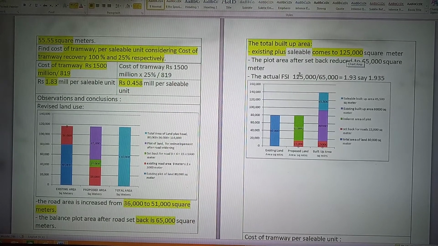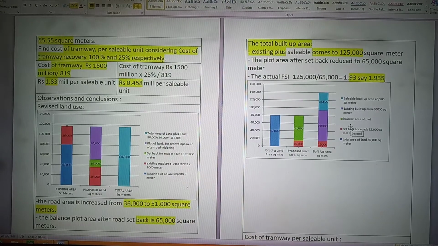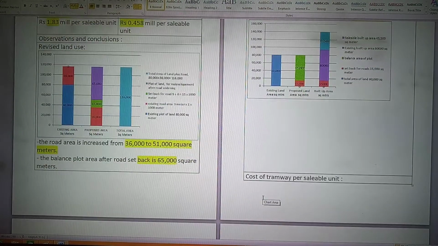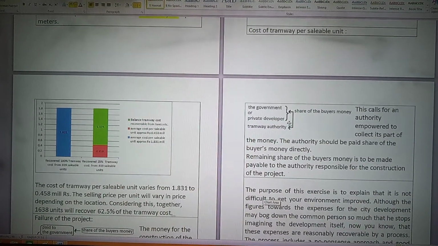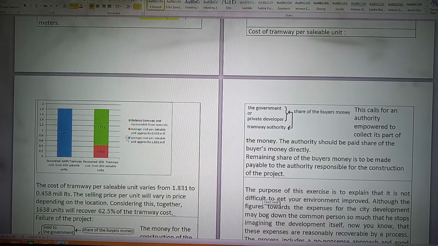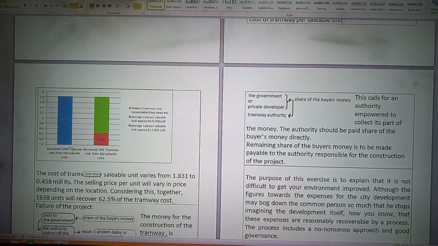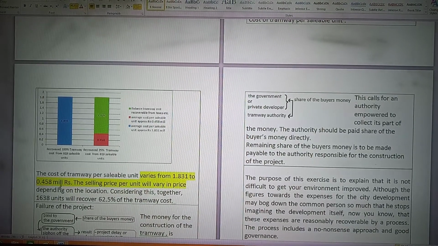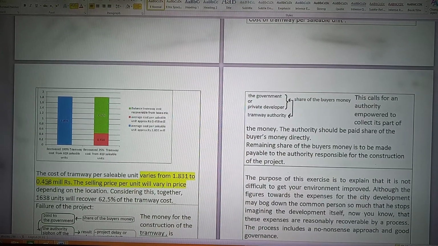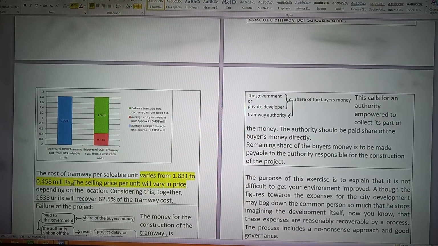So the actual FSI we have considered is 1.935. The cost of tramway per saleable unit varies from 1.83 million to 0.458 million rupees per saleable unit.